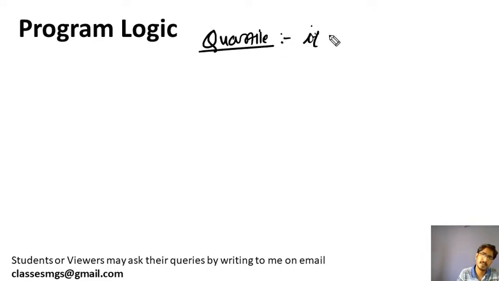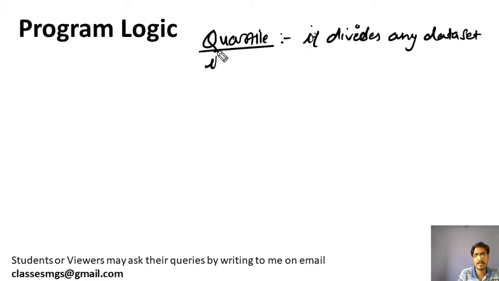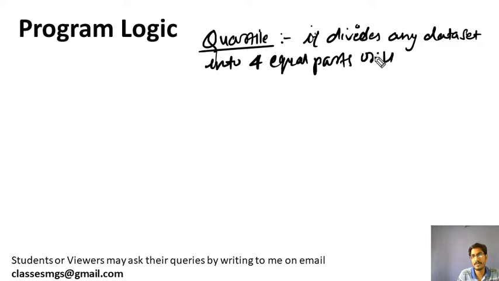The quartile divides any data set into four equal parts, or we can say four quantiles. How is it?